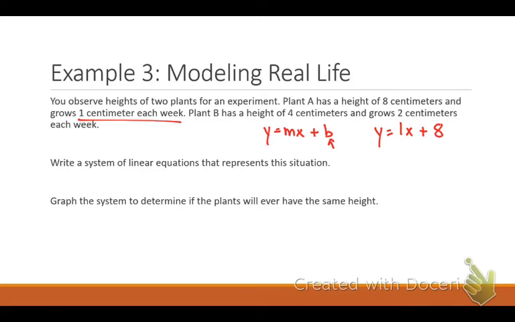Zoe, what do you think? Y equals 2x plus 4. And again, just by looking at these equations, I know that the lines are not parallel, because they have different slopes. So at some point, they're going to intersect. That's what I want to see on my graph.